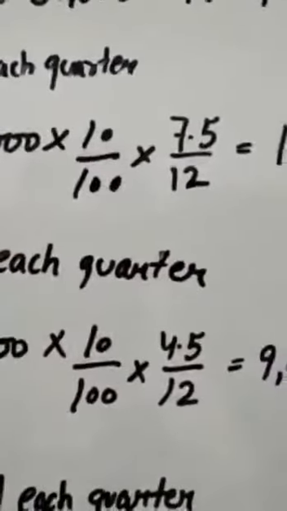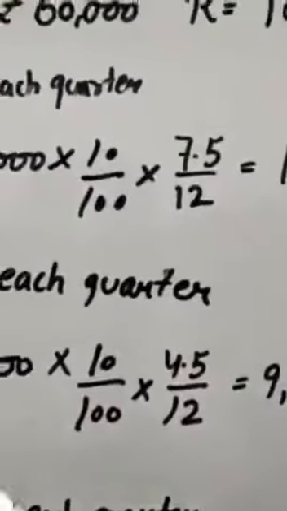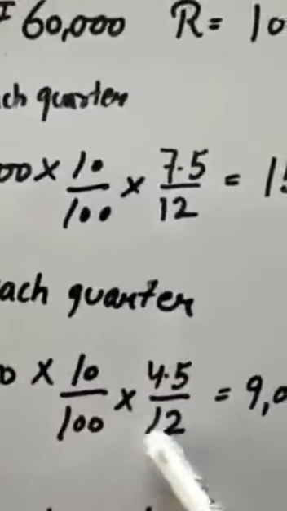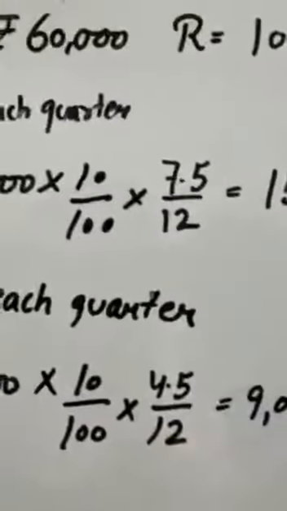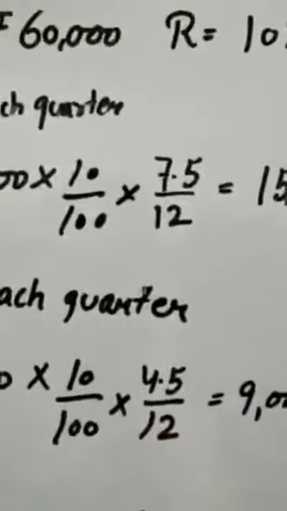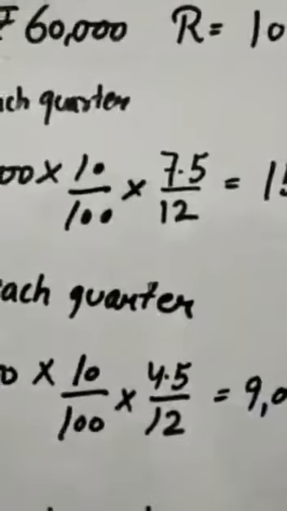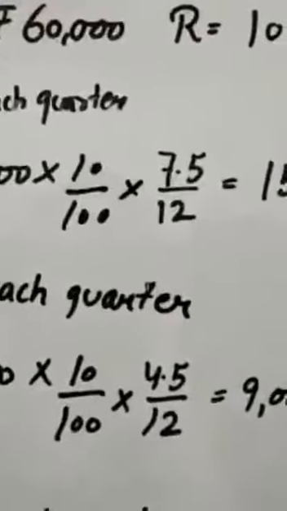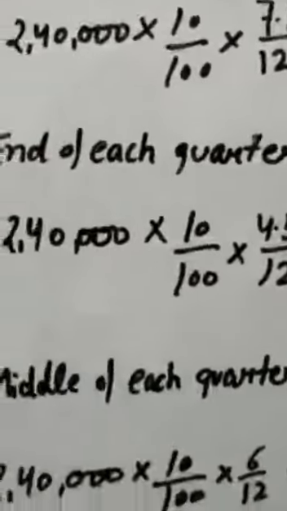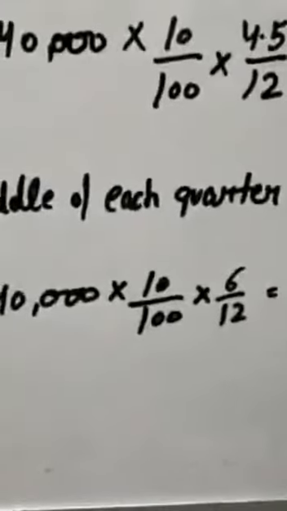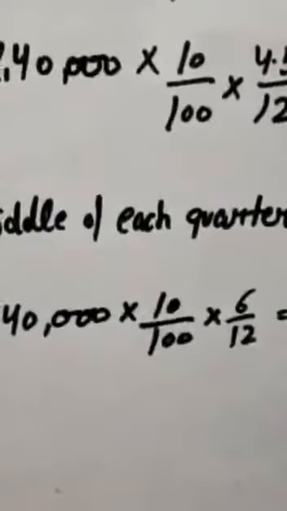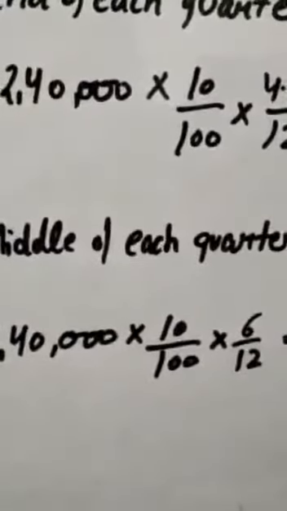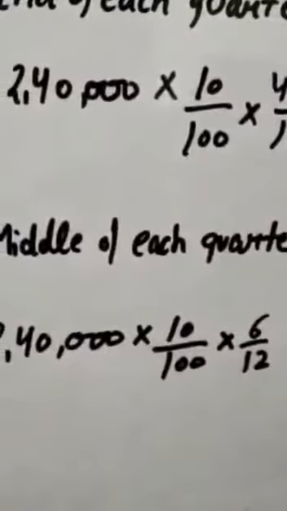If you are talking about end of each quarter, total drawings will be 2,40,000, 10% is already given and the average period will be 4.5. This also we have discussed earlier. So answer comes out to be 9,000. That means interest on drawings is 9,000. And if he is withdrawing in the middle of each quarter, amount is 2,40,000, 10% is the rate of interest and average period is 6 months, which we have already calculated.